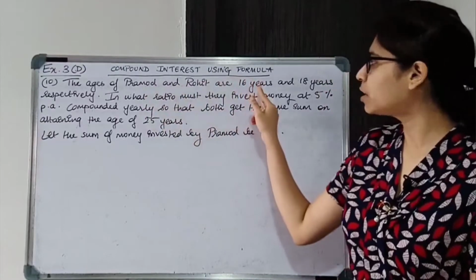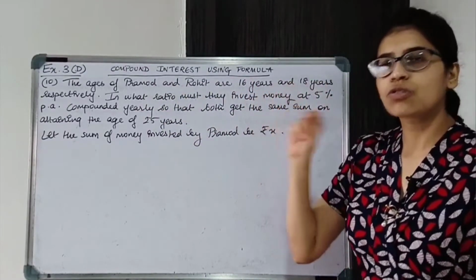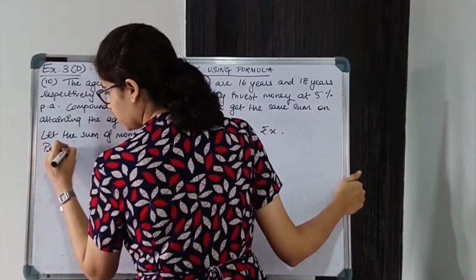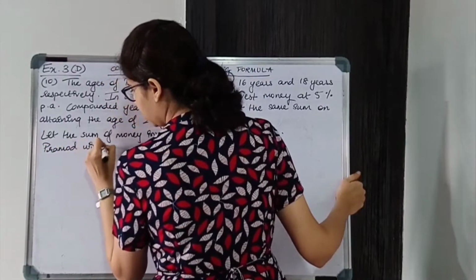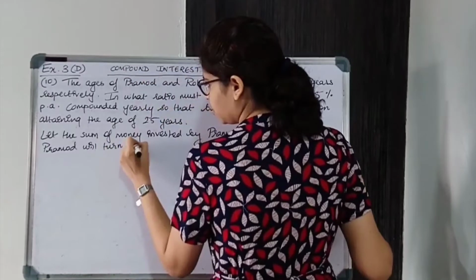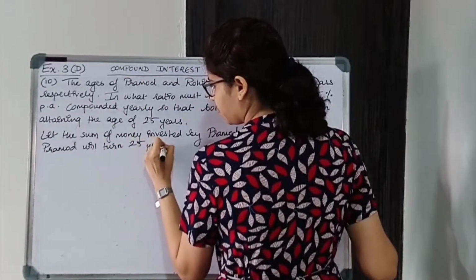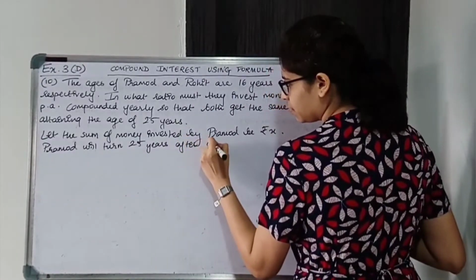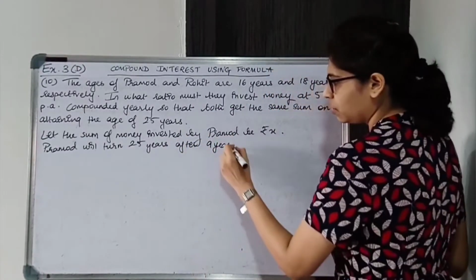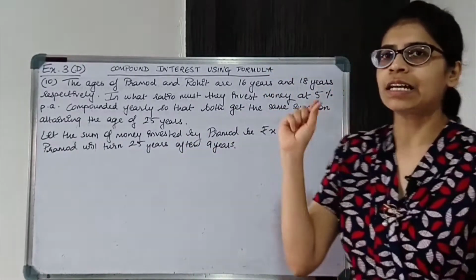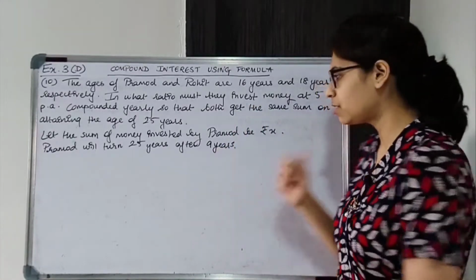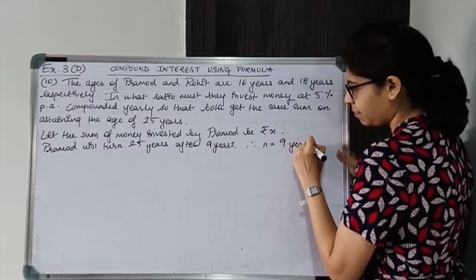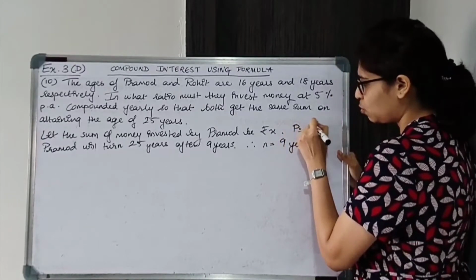Now he will turn 25 after 9 years because he is 16 years now. So just write down, Pramod will turn 25 years after 9 years. Therefore N is 9 years in this case, and the principal is X rupees.